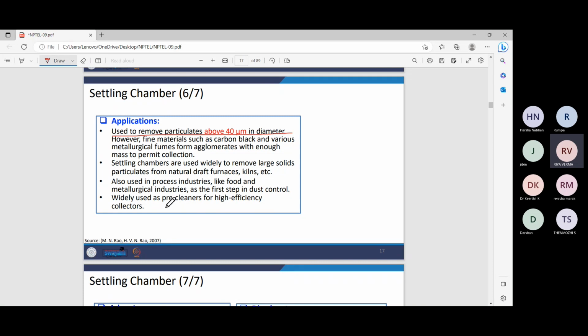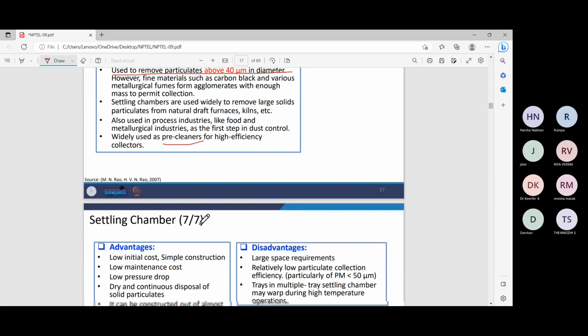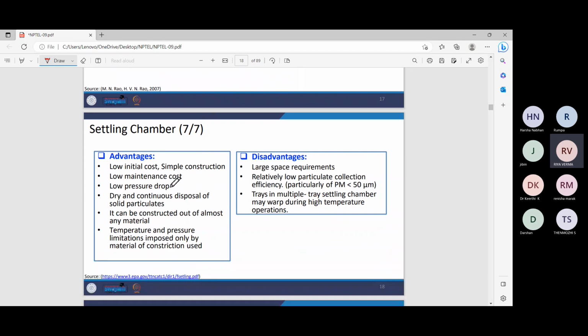Generally, these are used as pre-cleaners to increase the efficiency of the collectors on the downstream side. What are the advantages of these settling chambers? First, their initial cost is very low. Their construction is relatively simple, and their maintenance is quite easy and low. There's not much pressure drop, so we don't have to increase the pressure at the outlet chamber.